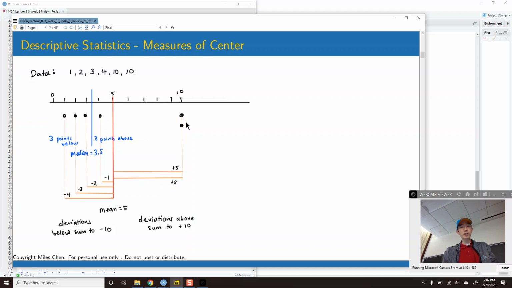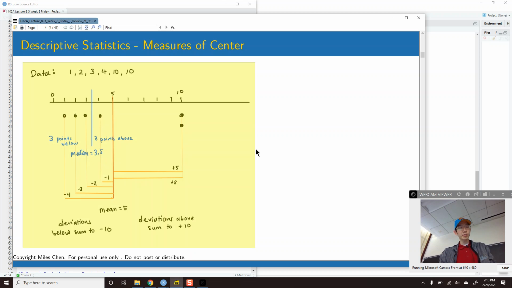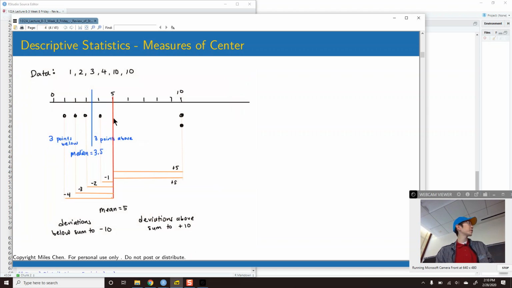The mean, on the other hand, is going to be 5 if you add all of these up. The deviations below are -1, -2, -3, -4 for these 4 points. If the mean is 5, 4 has a deviation of -1, 3 has a deviation of -2. So the deviations below add to -10. Then we have two values at 10 and 10, so we have a deviation of +5 and a deviation of +5, and the deviations above add up to 10.